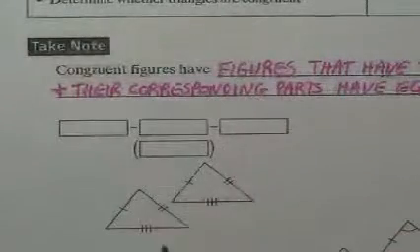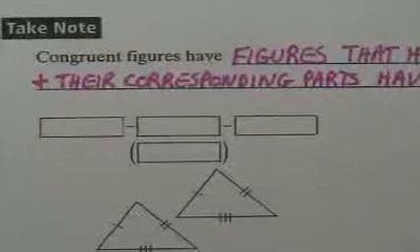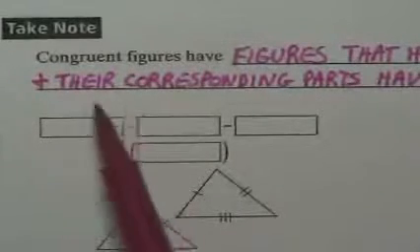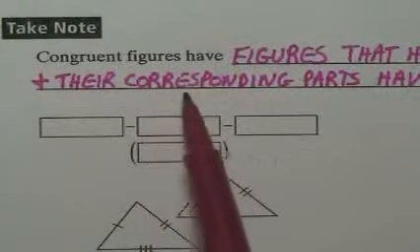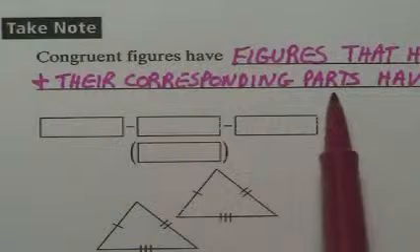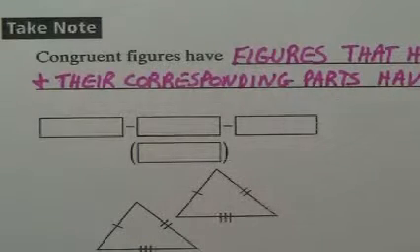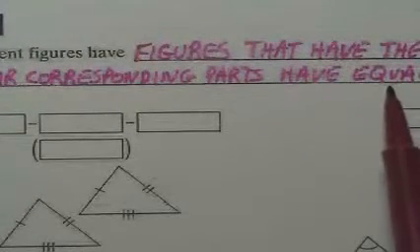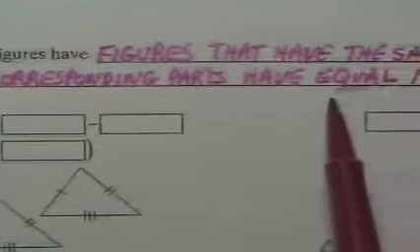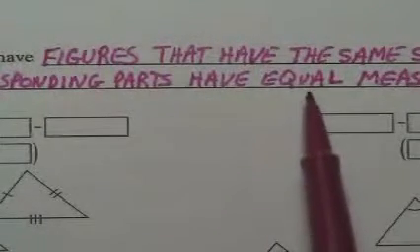Okay, and their corresponding parts. Corresponding parts. That's the parts that match. And their corresponding, that's double R, corresponding parts have equal measures.